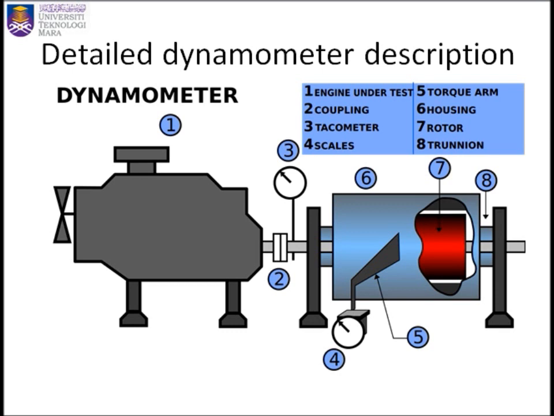What is in the dynamometer? 1, 2, 3, 4, 5, 6, 7, 8. First is the engine under test. Second is the coupling. Third is the tachometer, which gives the reading. Fourth is the scale. Fifth is the torque arm. Sixth is the housing. Seventh is the rotor, and eighth is the trunnion.